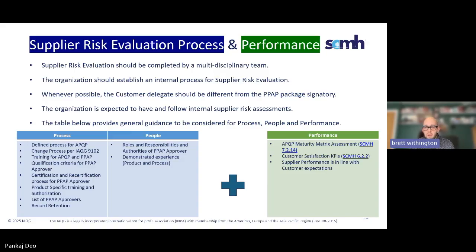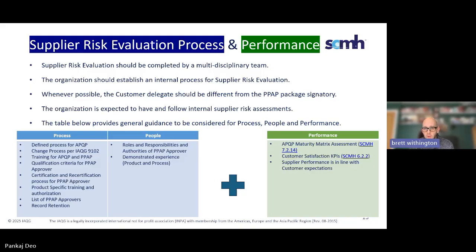So we believe that this should be a multiple function assessment that brings in all the understanding and knowledge of the suppliers and their activities, because in reality we're giving a delegation, or giving permission for someone to approve parts on their own volition.